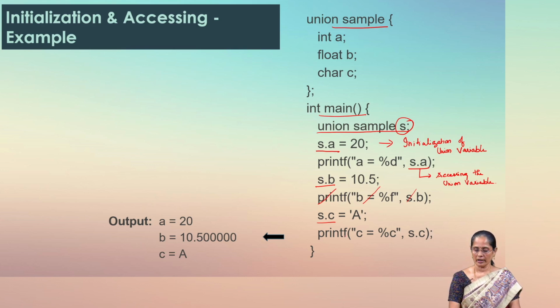Now, if we try to display the value, only the value of s dot c will be displayed. We will not be able to get the value of s dot b, because it will be overwritten by the value of s dot c, because the memory can hold only one value at a time.